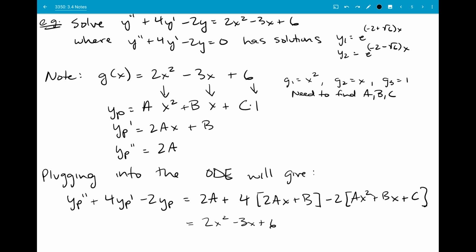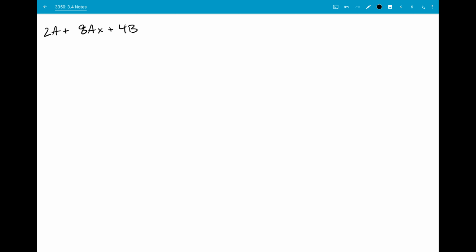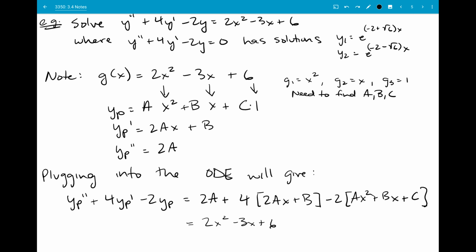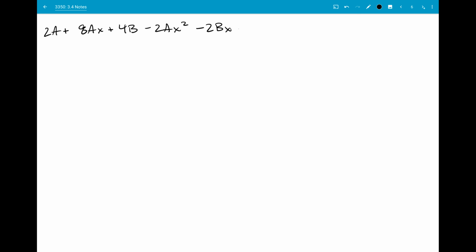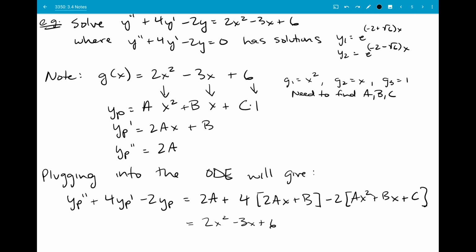And then I had minus 2 times (ax squared plus bx plus c), so minus 2ax squared minus 2bx minus 2c. All I've done is multiply out everything right here. I want to have that equal to 2x squared minus 3x plus 6.